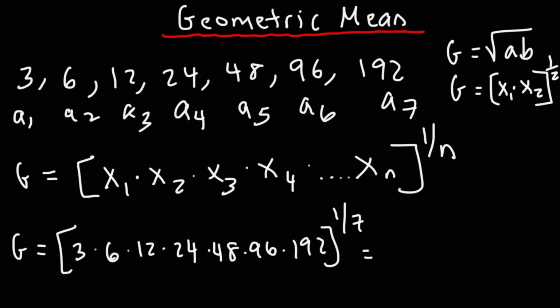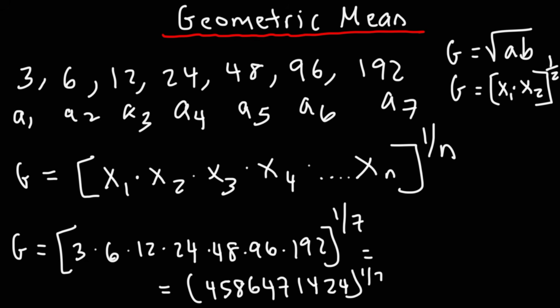So 3 times 6 times 12 times 24, all the way to 192. I'm just going to do this one step at a time. I get 4,586,471,424. And I'm going to raise that to the 1/7 power, and I get 24.